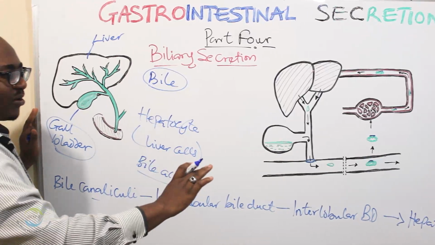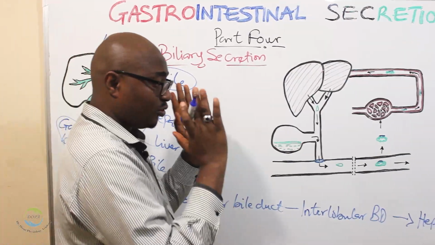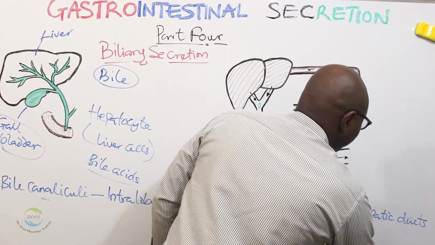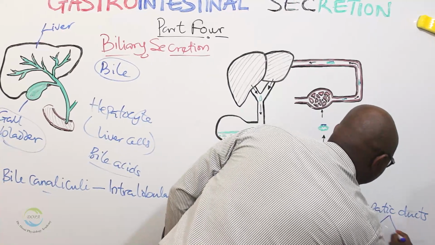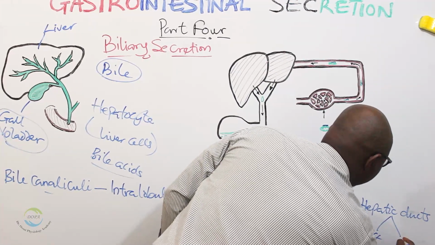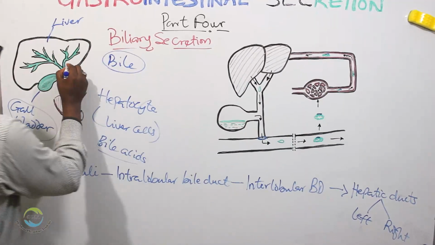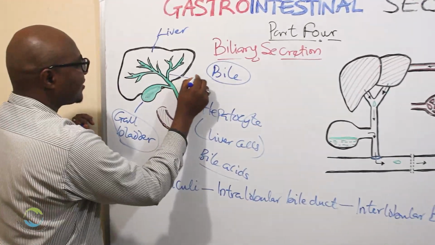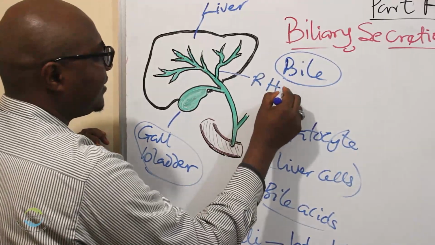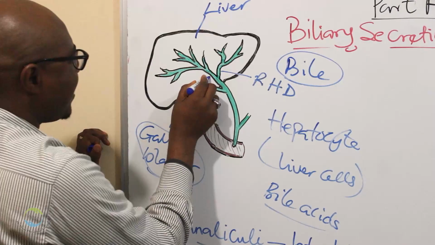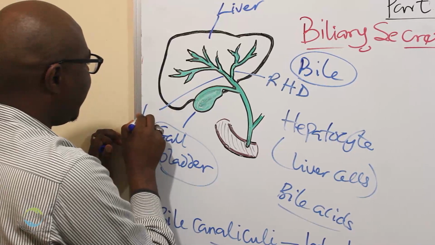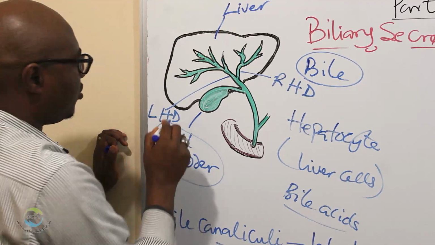So these hepatic ducts, they are 2 of them. It's now just 2. So it's divided into left and right. So this is the right hepatic duct. Then here is the left hepatic duct.